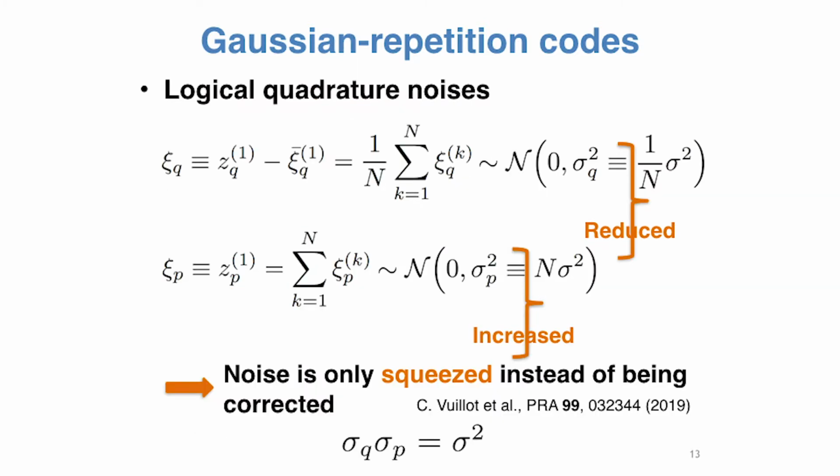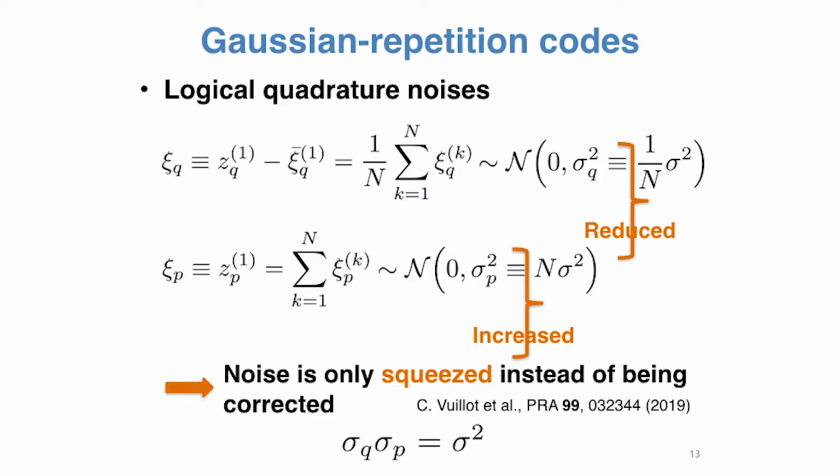And as it turns out, what we have in the end is some logical bosonic mode with some effective new random displacement error. And what I'm going to show you here is whether the variance of this new effective stochastic noise is decreased or not. As I explained earlier, we can learn about the position noise, and indeed, it's like repeating the measurement n times, and with this repeated measurement, we can reduce the noise in the position quadrature by a factor of n. So that's the part that worked really nicely in this scheme.